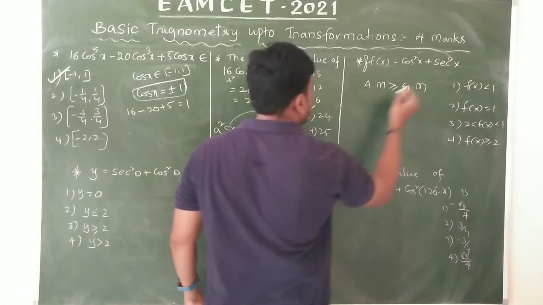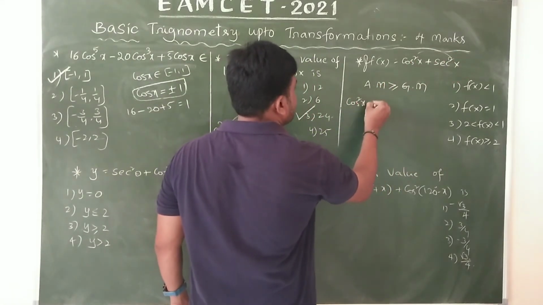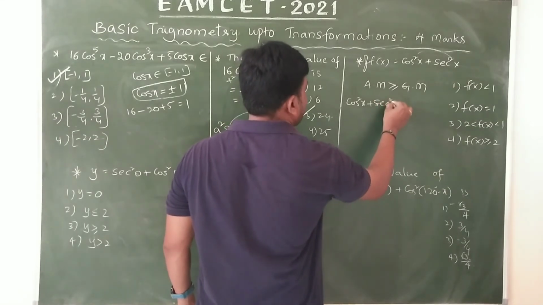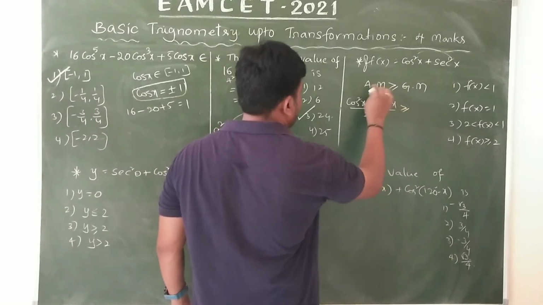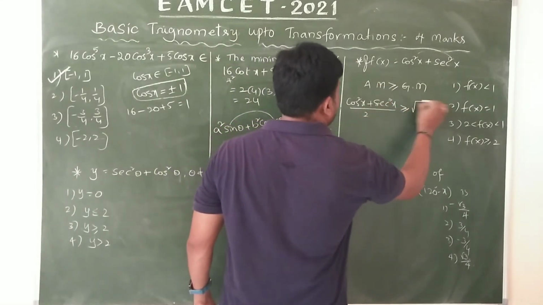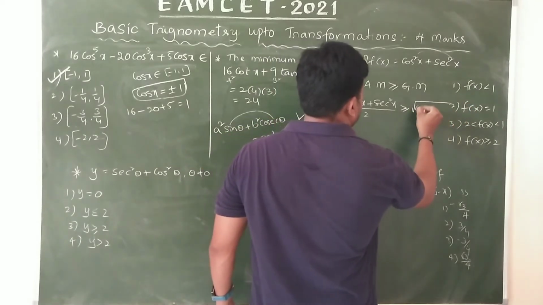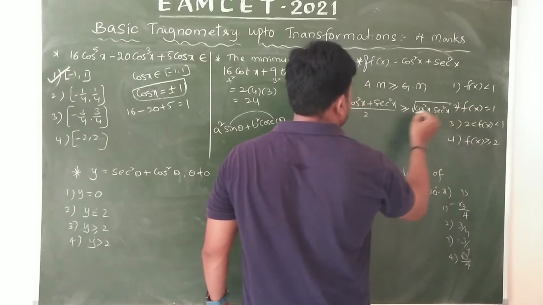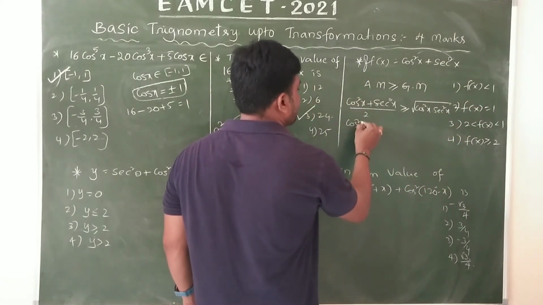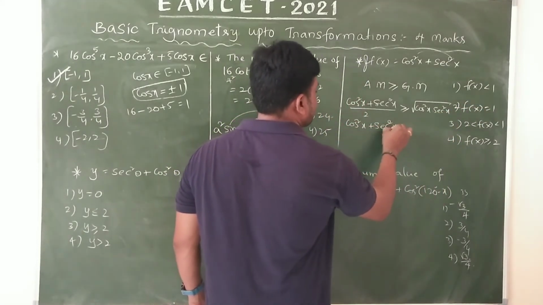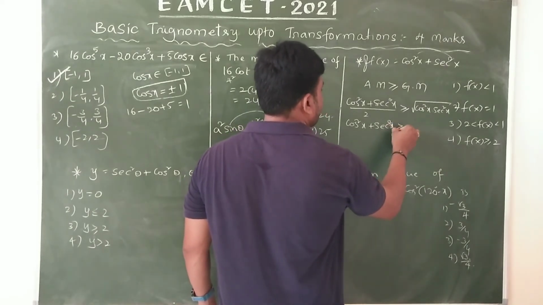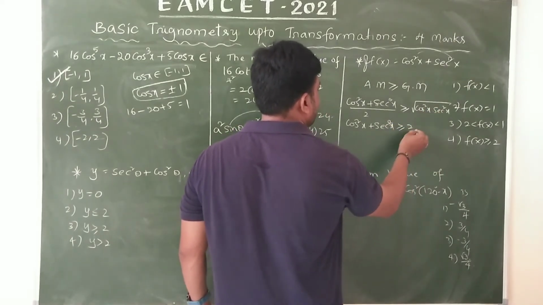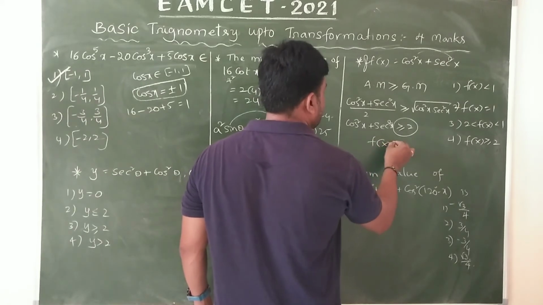Here two functions are there, cos square x plus sec square x by 2 is the AM. Now GM is nothing but under root cos square x into sec square x, which is 1. Then cos square x plus sec square x is greater than or equal to 2. Then the function is greater than or equal to 2.